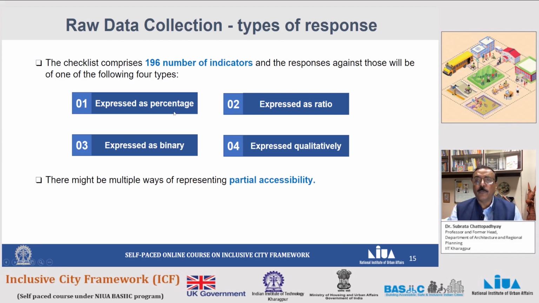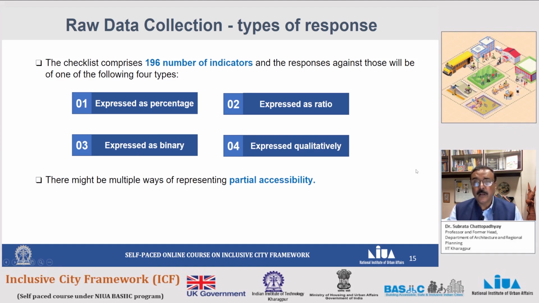Some will be in the form of percentage, like what percentage of city bus stops are accessible, or as ratio, like length of accessible footpath versus total length of footpath available in a city. It could also be binary.